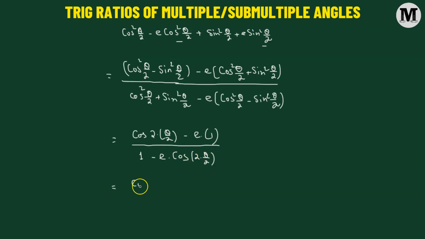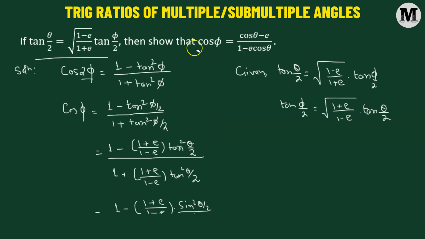So that finally gives us (cosine theta minus e) over (1 minus e cosine theta). So this is the value of cosine of phi. So let's verify. Finally, we obtain cosine of phi equals (cosine theta minus e) over (1 minus e cosine theta).